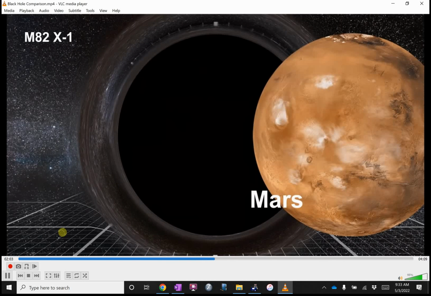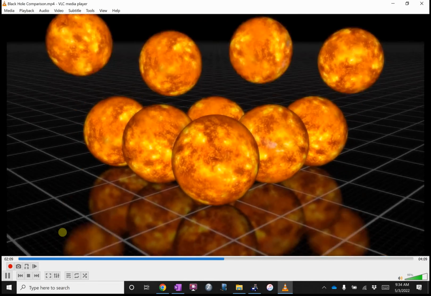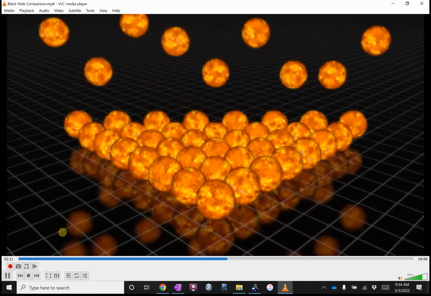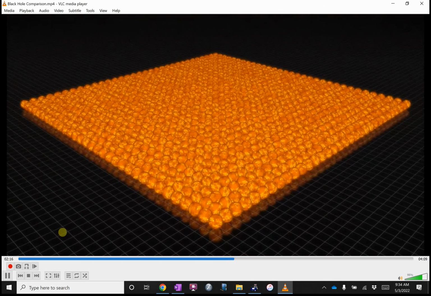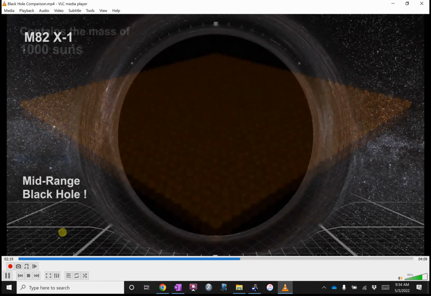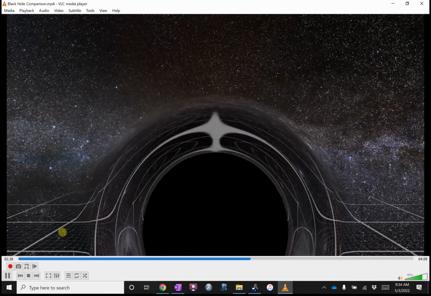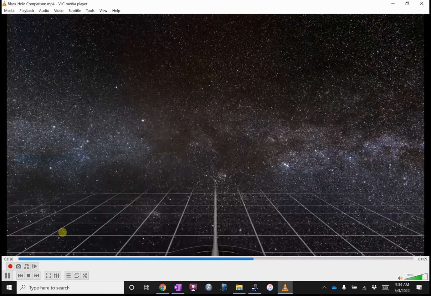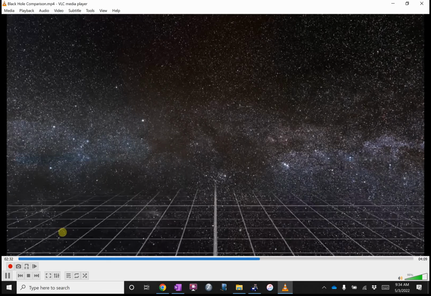Black hole is the size of Mars. How much mass does it contain? About 1,000 suns worth. Here's a mid-range black hole. Let's go bigger.